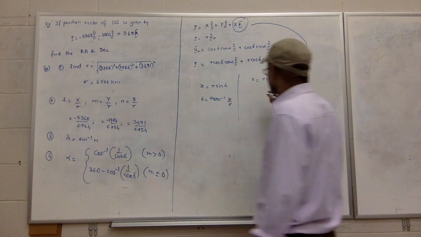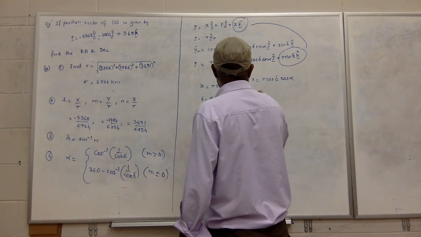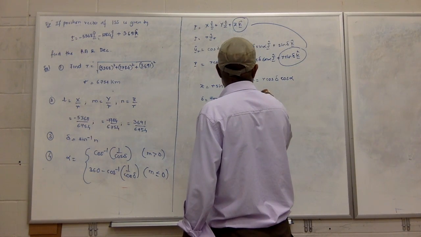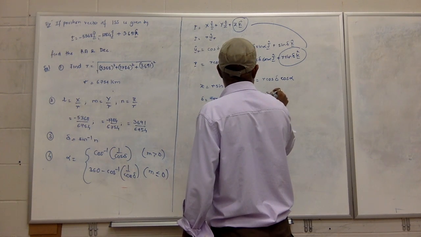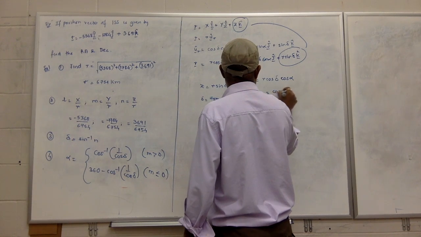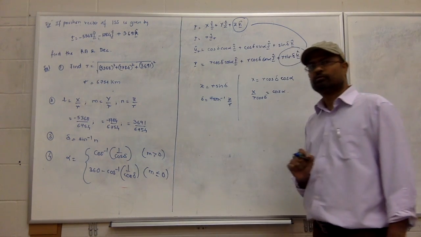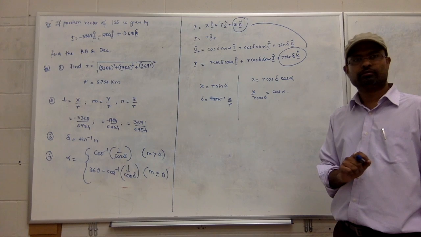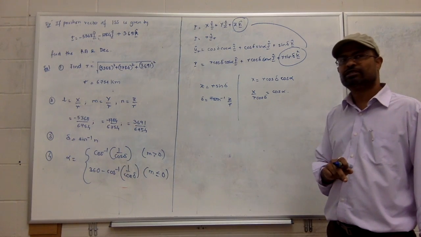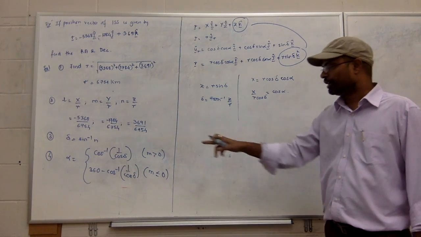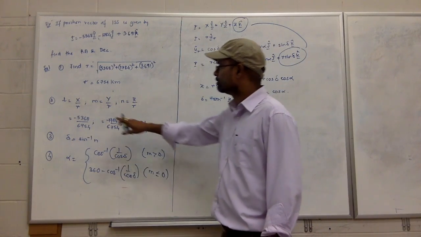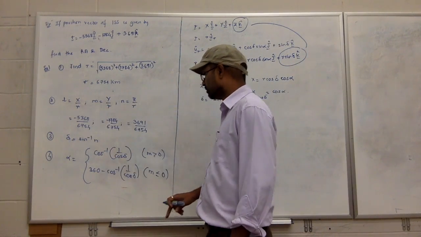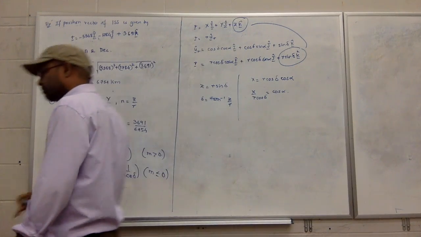So you can say x over R into R cosine delta is equal to cosine alpha. What is x over R? M, right? x over R, in this case is L, sorry.